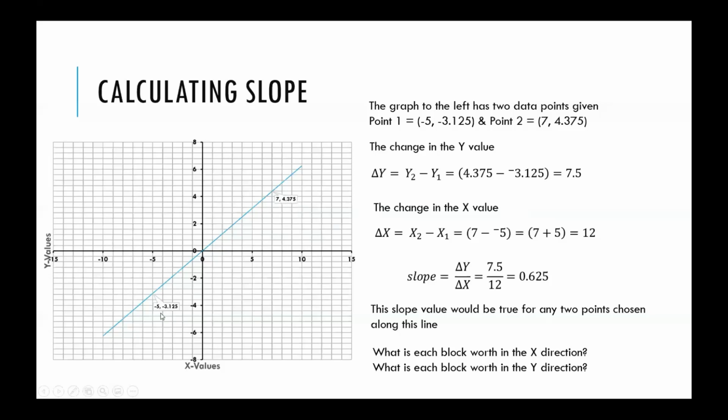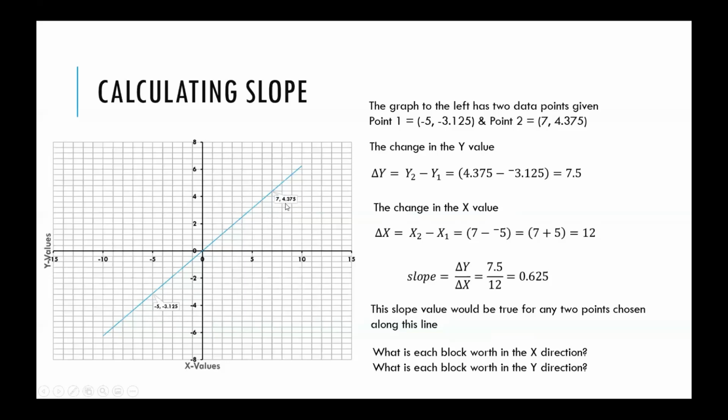There's also a second data point listed down below, which is -5 for the x value and -3.125 for the y value. Looking at the change in y, the change in height, you have one data point minus the second data point.